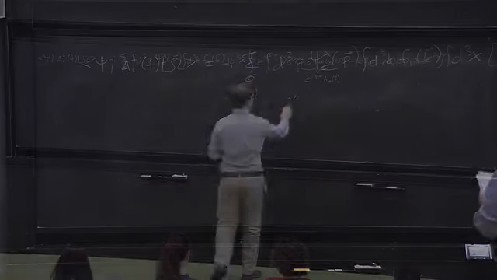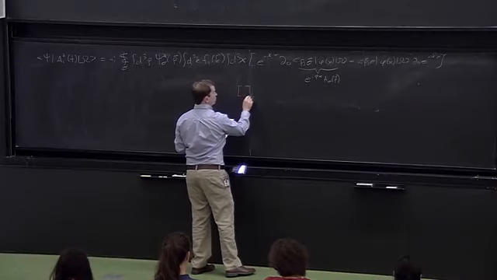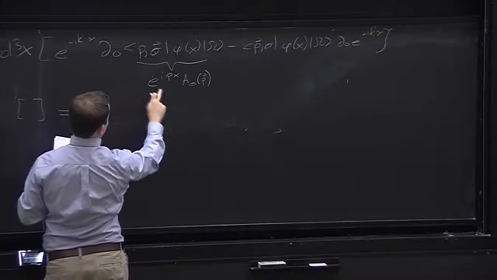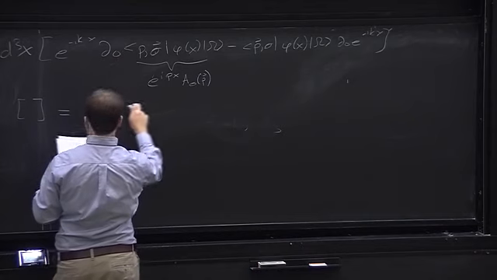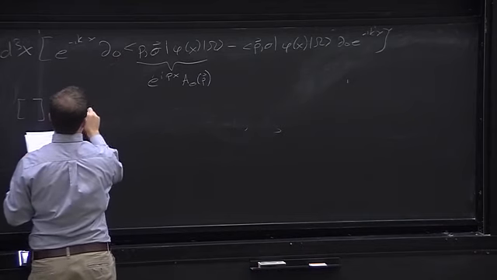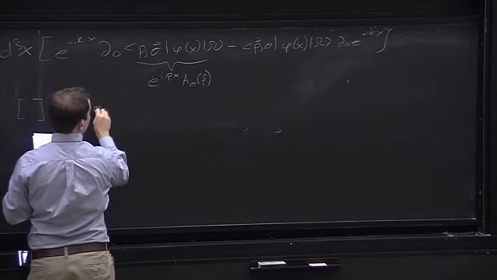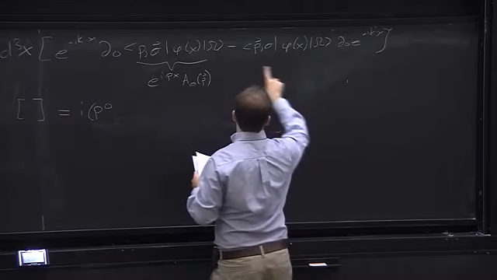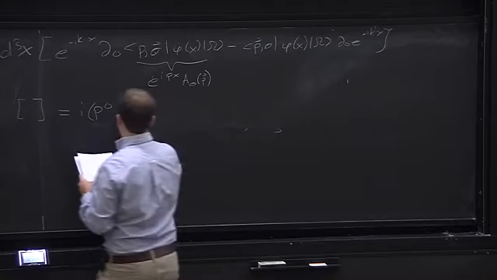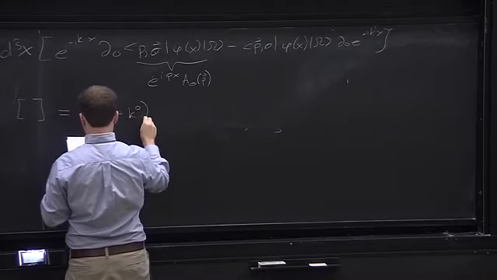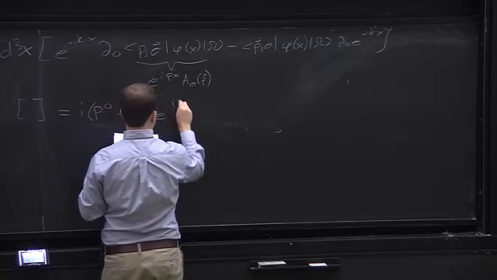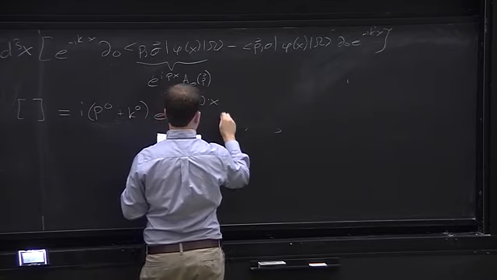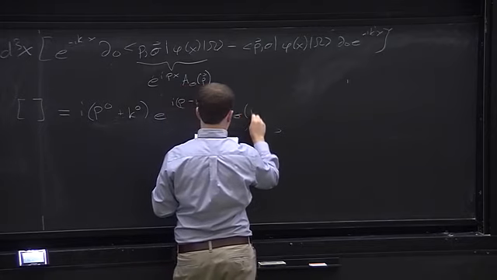And so this part in square brackets then becomes, if we take the derivative here, we get an i p naught. The derivative here gives us two minus signs, so an i k naught, and e to the i (p minus k) dot x, and sigma p.